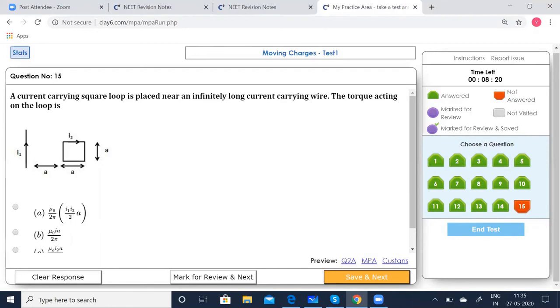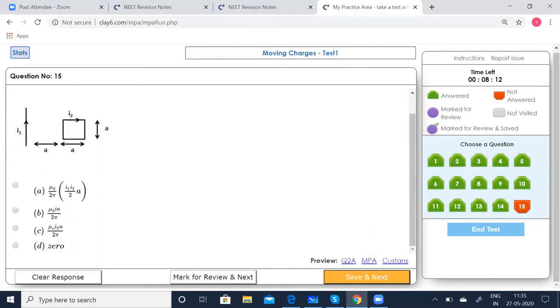Obviously, you can see again they are not equal, they are not uniform, so there is no net torque resulting, so you can put it as 0. Save that. Now we have completed all the questions.